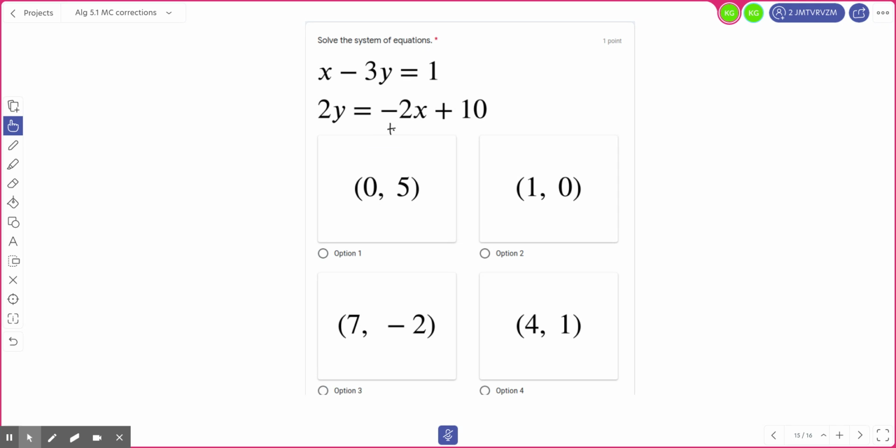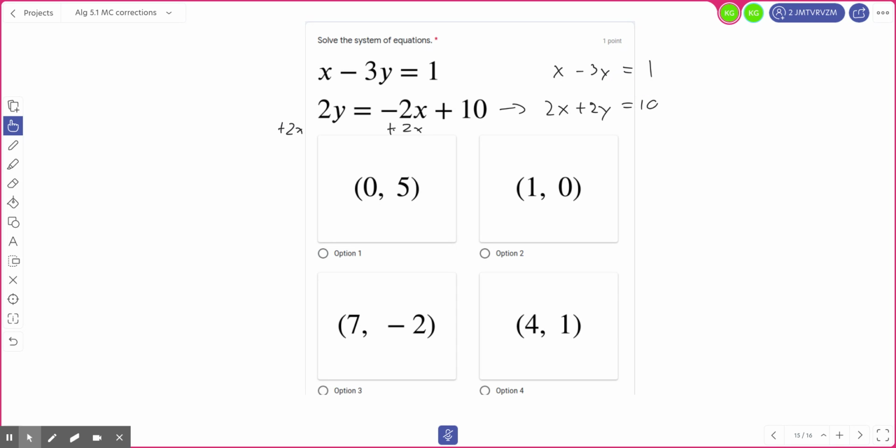First I'm going to add this 2x, so I get both of my equations into standard form. That's going to make my elimination easier. So this equation is going to become 2x plus 2y equals 10. And this top equation is still x minus 3y equals 1.